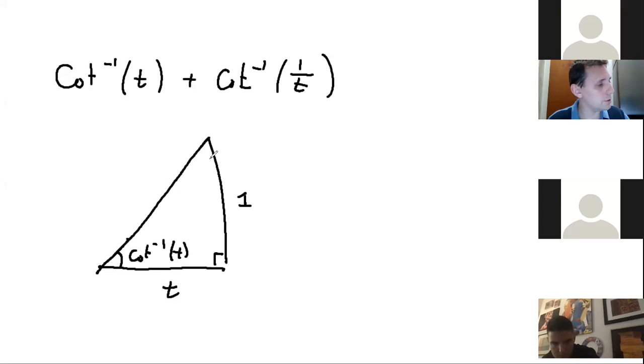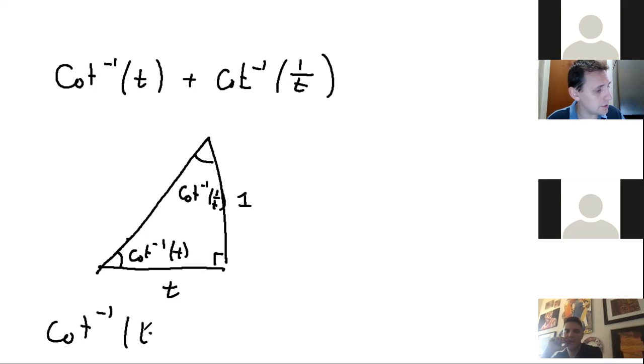Now, what about this angle here? What is that? Well, look at it. If I take for this angle adjacent over opposite, I will get exactly cotangent inverse of 1 over t. Are you with me? I look at this thing and ask myself what things are, I don't just calculate like a blind bat.